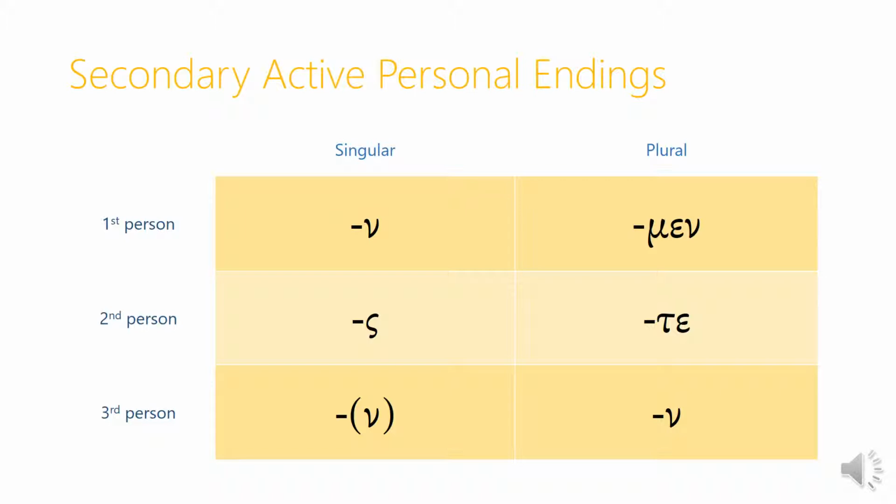Then in the second person, we once again have the sigma ending, and in the third person, there's no ending. The form will just end with the connecting vowel, although there can be a movable nu tacked on the end as an aid for pronunciation. In the plural, we have men and te again, but as I said, just the nu ending, which comes in the third person plural.